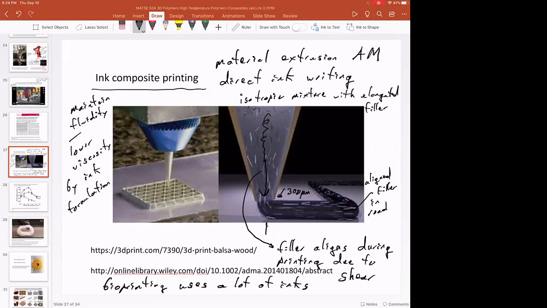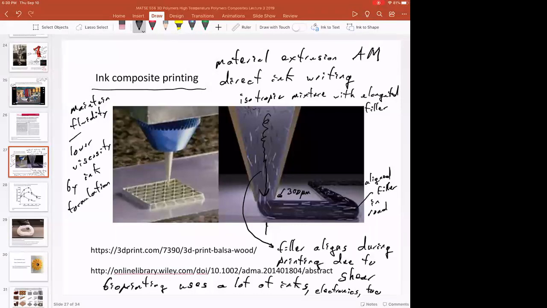But you're not going to print an airplane wing using inks, or you're not going to print a tennis racket using inks, just because there are other disadvantages of dealing with these ink materials. But if you're interested in small scale structures, or you're interested in electronics, they use a lot of inks.